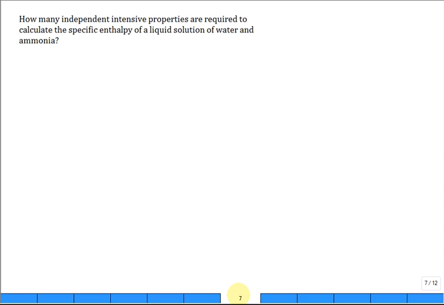Let's solve this problem. How many independent intensive properties? They're asking for F. What is F? The number of independent intensive properties that are required to calculate the specific enthalpy. If I really wanted to know the specific enthalpy of a liquid solution of water and ammonia, so not a two-phase solution, but a liquid only.